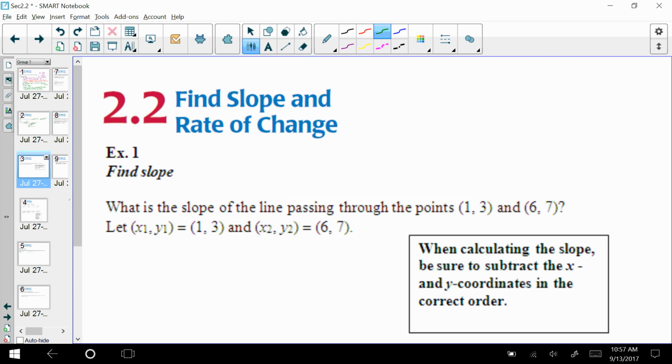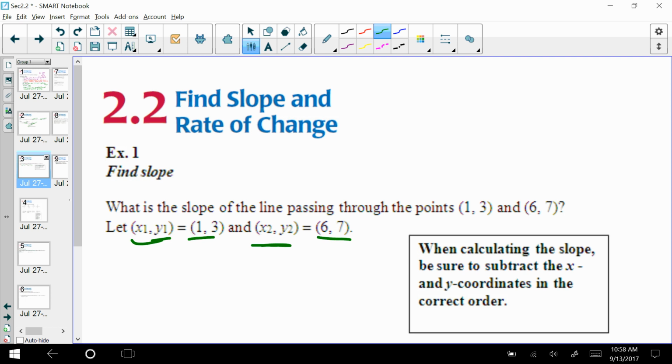So this first example, finding the slope. What is the slope of the line passing through 2 points, (1, 3) and (6, 7)? Let (x1, y1) be the first set of points, and (x2, y2) be the second set of points. When you're calculating your slope, make sure to subtract them in the same order. It doesn't really matter which point is x1, y1, just that you're being consistent and you're using the same point as the 1 or the same point as the 2.